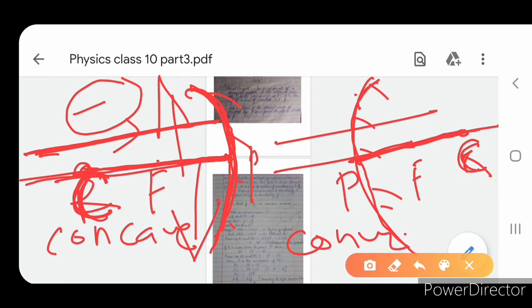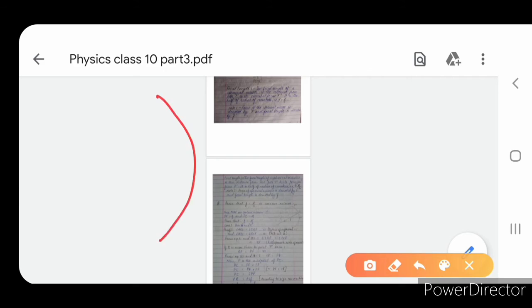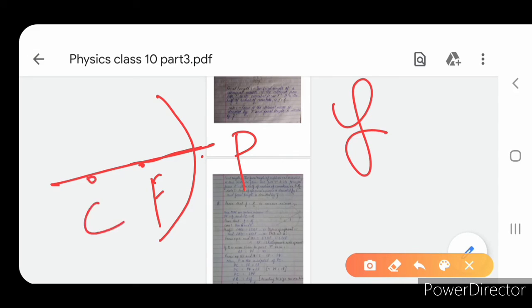Next rule, all distances in the mirror should be measured from P as origin. For example, PF is the focal length and PC is the radius of curvature. All distances are measured from P, so P acts as the origin.